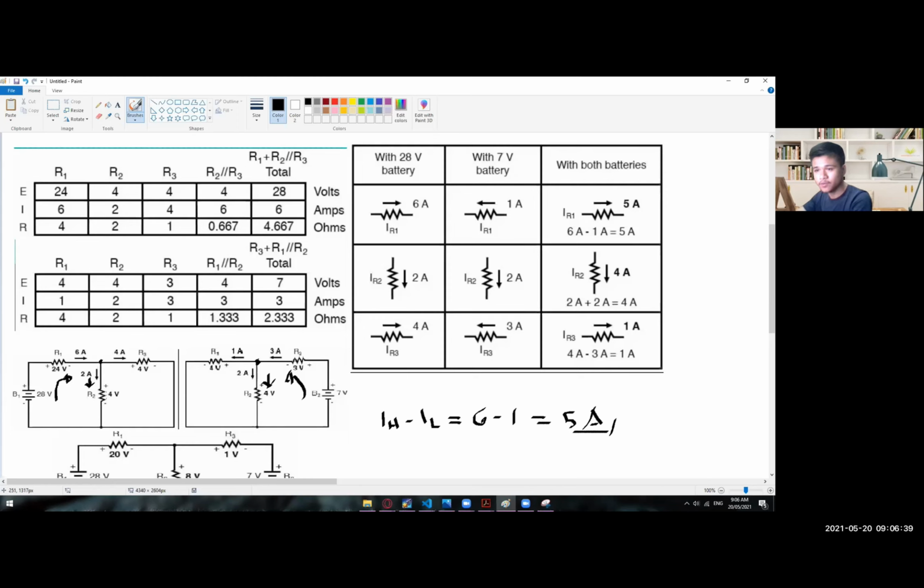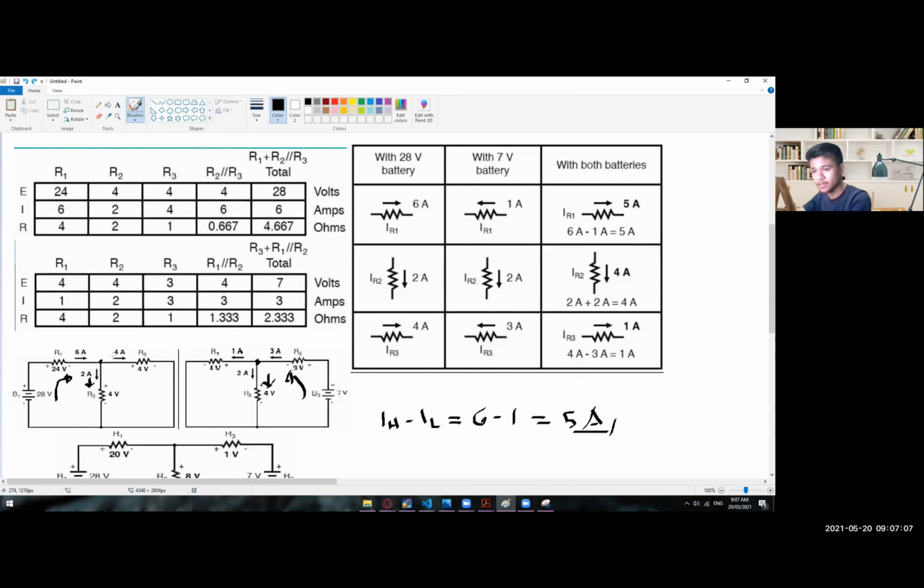And then for the R2, it's noticeable that we have the same flow of current, so they will be added with each other. R2 is 2 amps, and then I2 on the other side is still 2 amps. So 2 plus 2 is equal to 4 amps. I hope there's no problem when it comes to R2. But for R3, again, they have different flow of current.